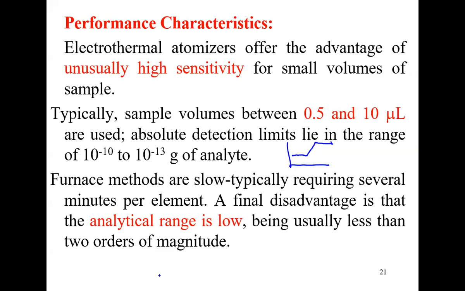And then from there, the atomization step. Okay, so furnace methods are typically very slow because of the three stages. And a final disadvantage is that the analytical range is low. Usually, that's why it's not precise. It suffers from precision. But nevertheless, we use it because of the low detection limit.